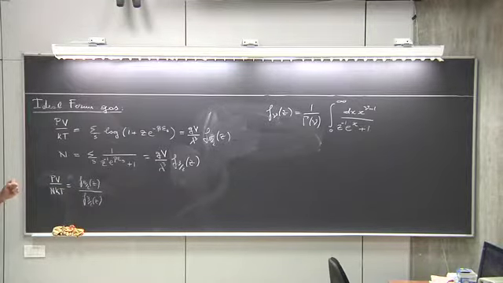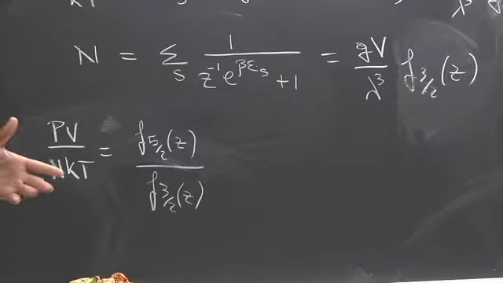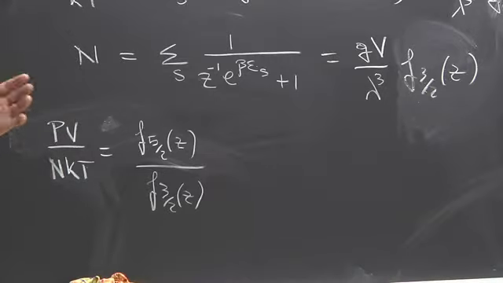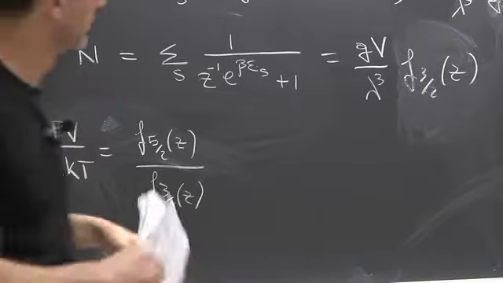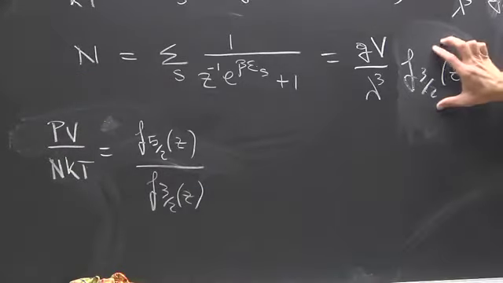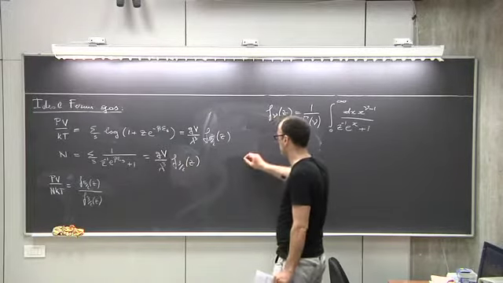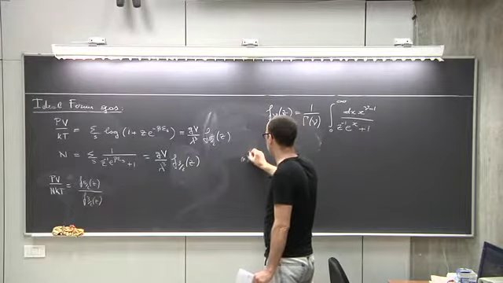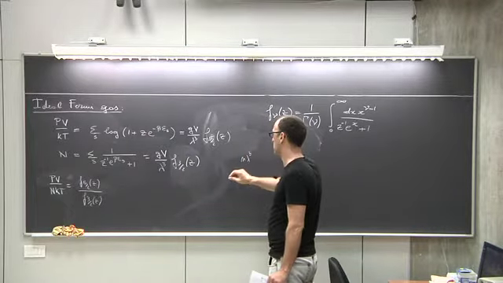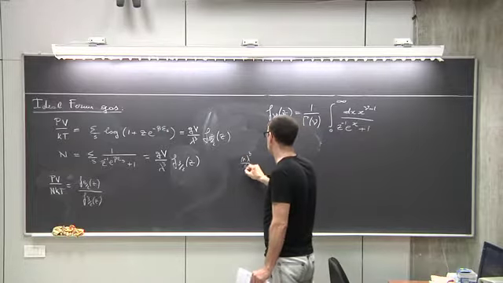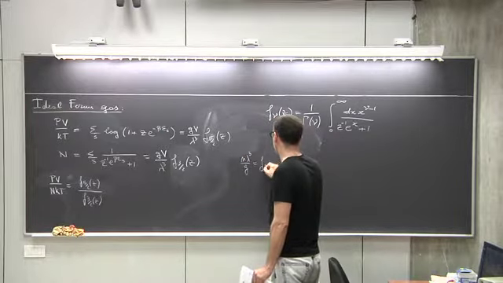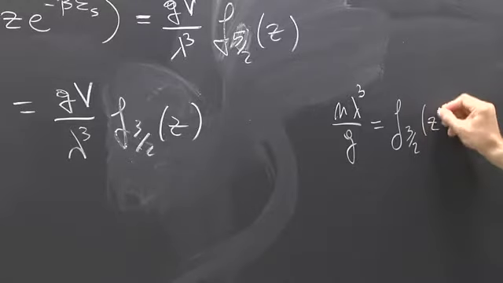So now, again, at high temperatures, if you look at this equation here, it has the form n lambda 3 divided by g is equal to f 3/2 of z.